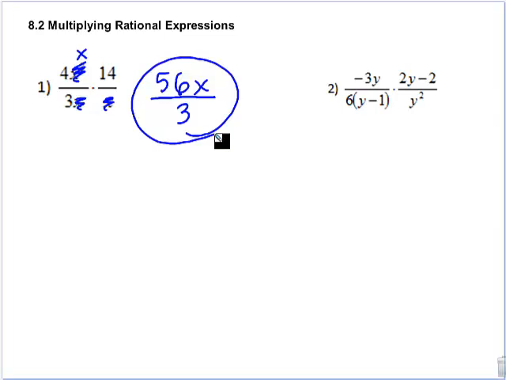The next one we might have to start doing a little bit of factoring because we see some minuses and some pluses in there. Or I suppose just minuses for this one. So negative 3y over 6 times y minus 1, and then times 2y minus 2 all over y squared. So first off, is there any part of this that we can factor?